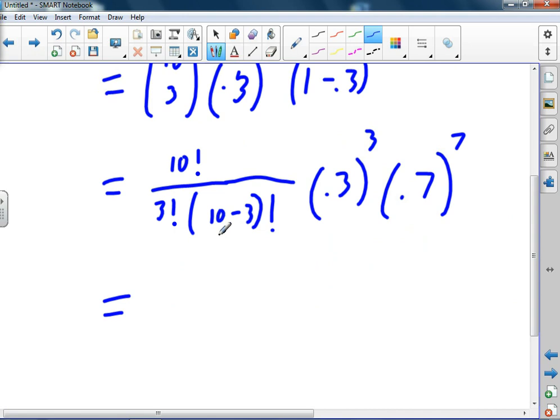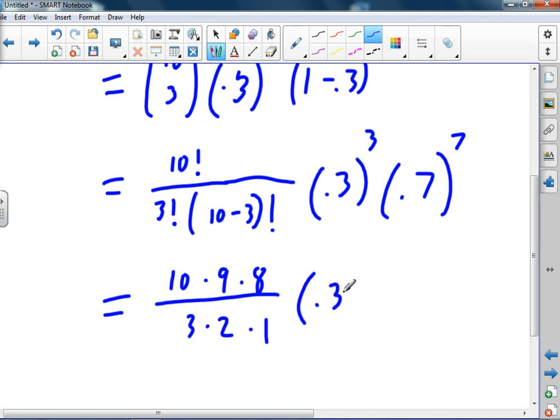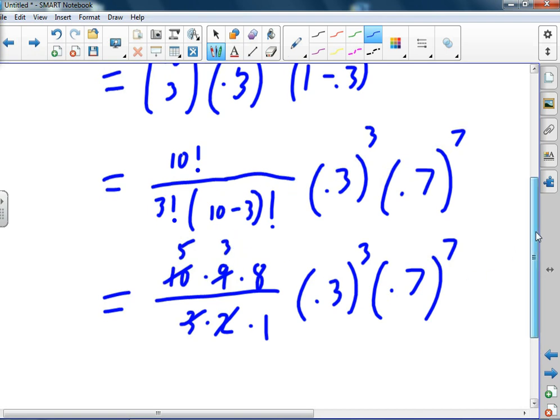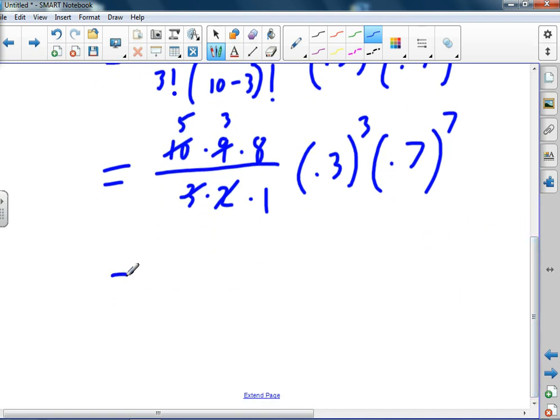Well, 10 minus 3 factorial is 7 factorial, and 10 factorial divided by 7 factorial would be 10 times 9 times 8, divided by 3 times 2 times 1, times 0.3 cubed, 0.7 to the 7th. 2 can go into there 5 times, 3 can go into there 3 times. Well, it looks like we're down to putting it in our calculator.